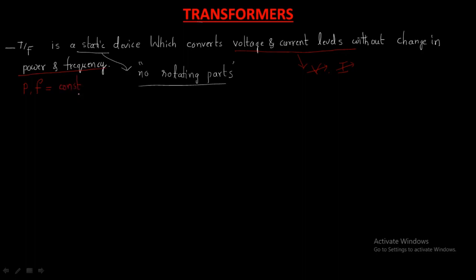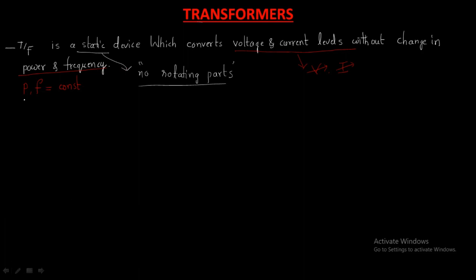So a transformer is a static device. It doesn't consist of any rotating parts, and it can change the current value or the voltage value without changing power and frequency. Power and frequency both are constant.